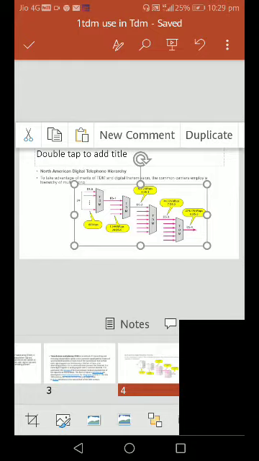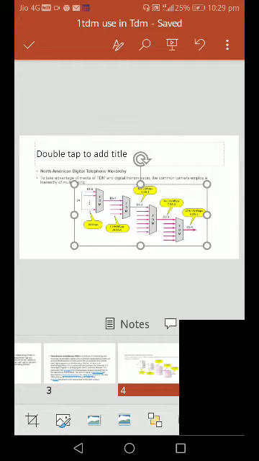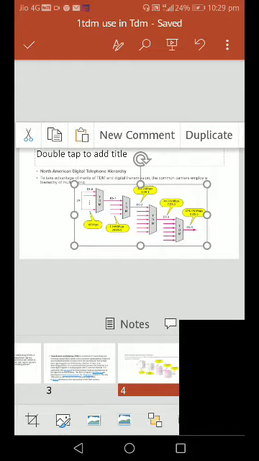This output is connected to the input of the second level of the time division multiplexing.